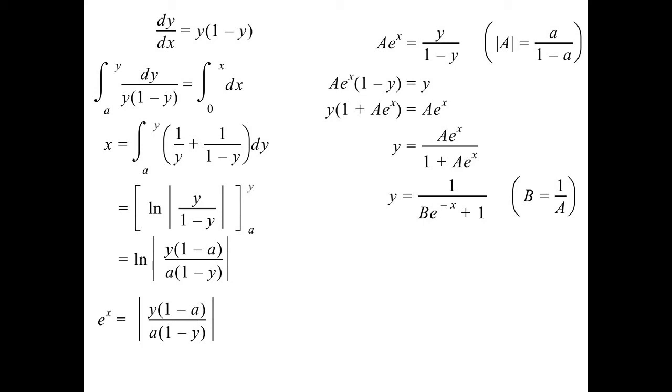Well, that becomes e to the negative x, and rather than again having a fraction on a fraction, 1 on A is also a constant, which I'm now calling B. And then Ae to the x divided by Ae to the x would be 1. So we end up with 3 solutions. Our 2 trivial solutions, and our solution 1 over Be to the negative x plus 1.